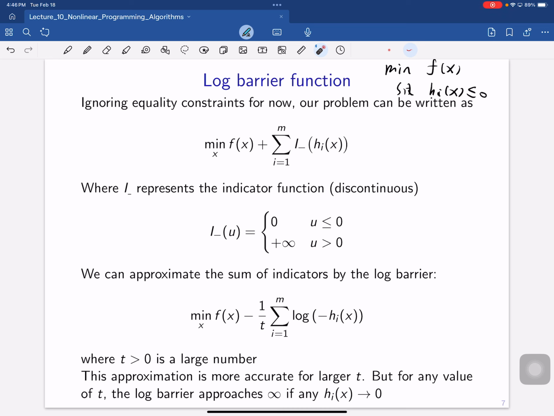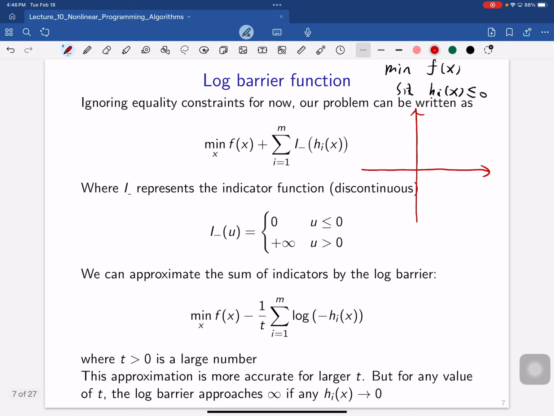Yeah. So now the thing is, there is no free lunch. You replace these very hard constraints with an indicator function. So how does the indicator function look? Let's plot it on the u-axis.